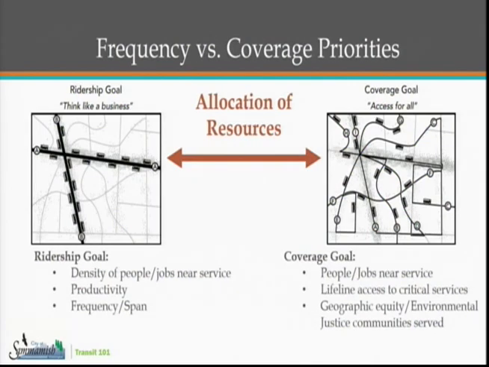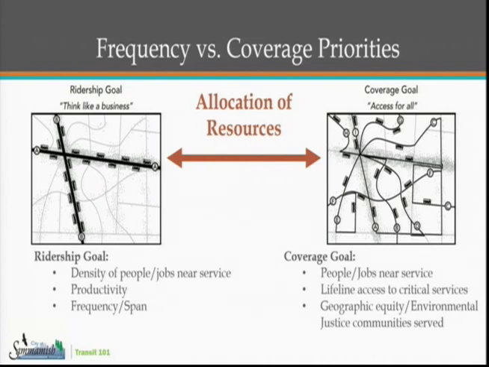Another key trade-off that transit agencies look at is this idea of frequency versus coverage. Again, speaking to what are your objectives, what are those evaluation criteria, who are you trying to serve? Traditionally, looking at frequency on its own, what you're trying to do is serve the highest density of people and jobs. It is often the most productive means if you operate more frequent transit on a limited number of arterials and routes.